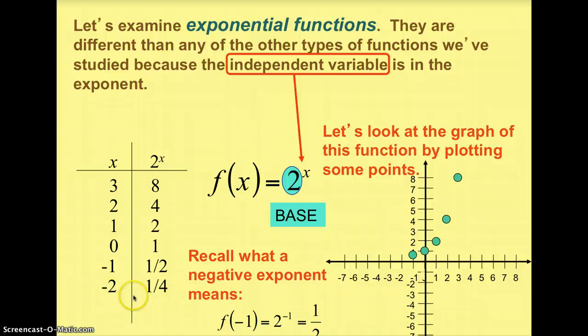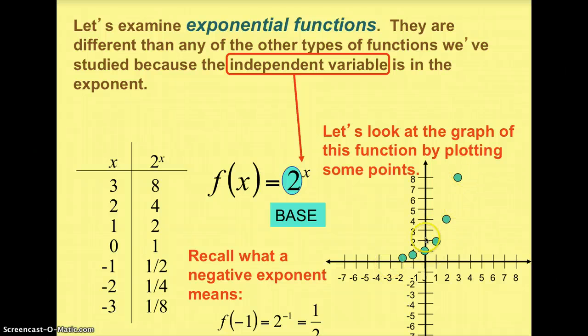And then if you have -2, your y is 1/4. If we plot that, your point is over here. The last one being -3, that's the same as 1 over 8. That means 2 raised to the -3 means 1 over 2 raised to the third power, which is 1/8.